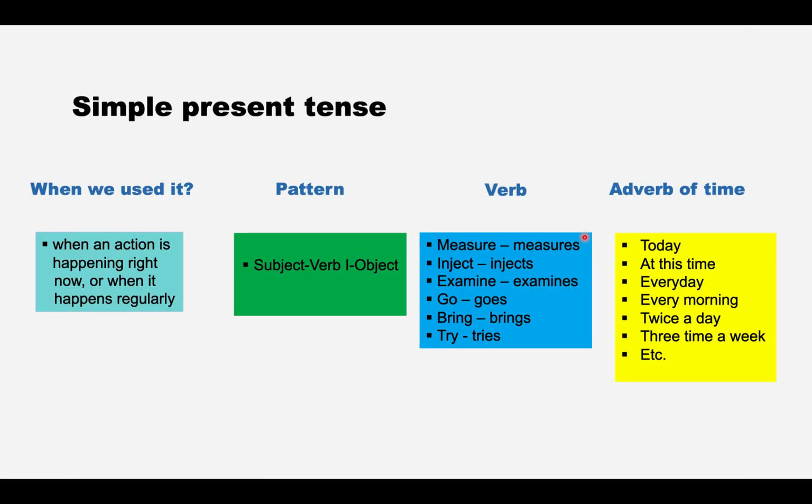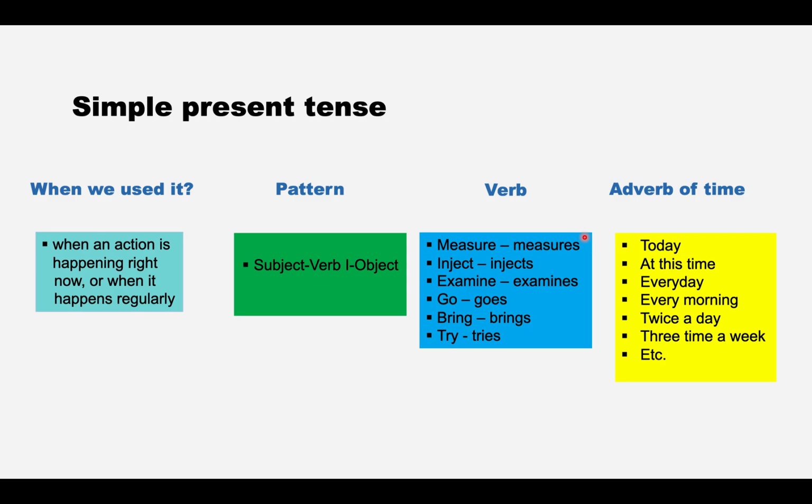Let's see the pattern of simple present tense. For the first, you have to know when we use simple present tense. Simple present tense is used when an action is happening right now or when it happens regularly.